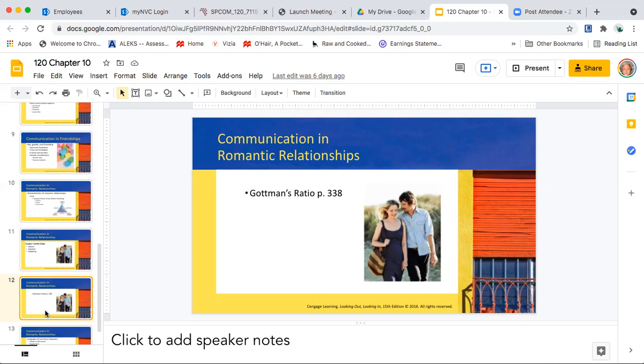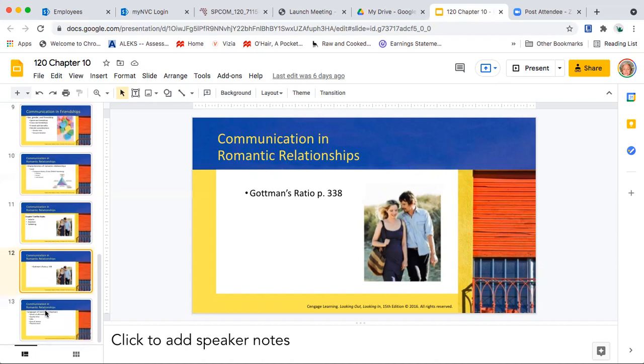Because a difficult conversation about something that is getting on their nerves is going to be received as negative. So it's really helpful to use Gottman's ratio in a conversation like that. But it's also just helpful to have kindness credit in the bank in your relationship. That's something people have to consciously choose to make an effort to do.